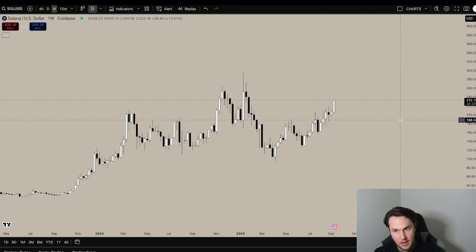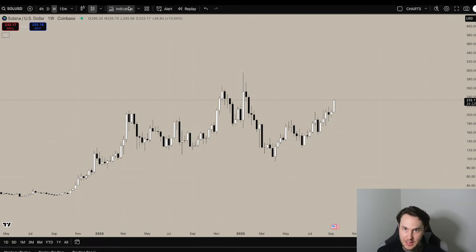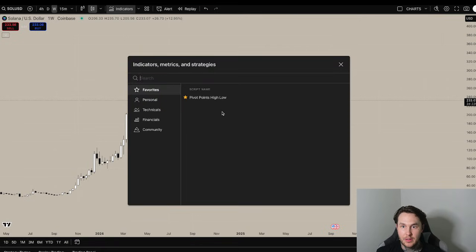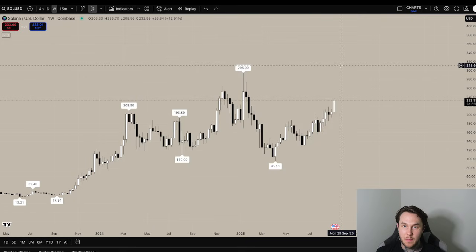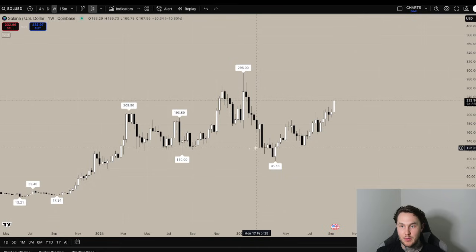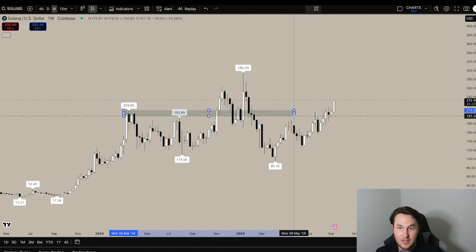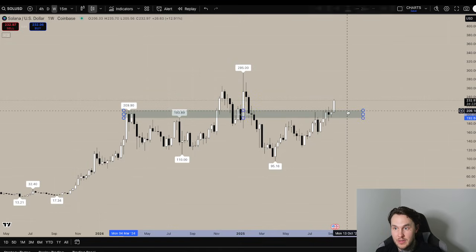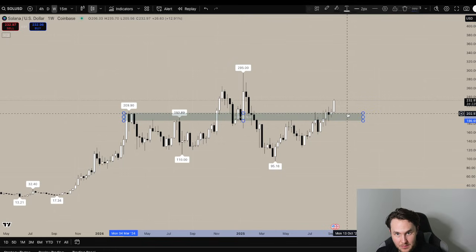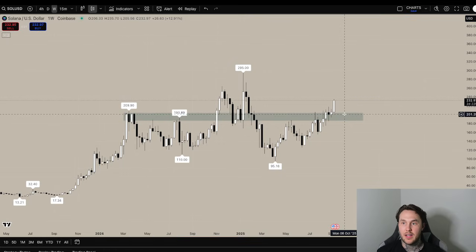Now, if for some reason you still aren't sure what levels you should be drawing, there is an indicator called the pivot points high and low indicator. Putting this indicator on your chart will give you the highs and lows, the swing points. Basically, it's just confluence on how well you've drawn your zones. Draw your zones first, and then use this indicator afterwards.